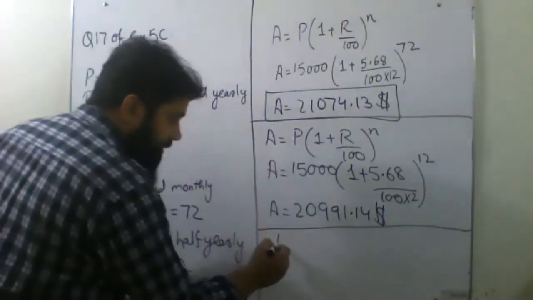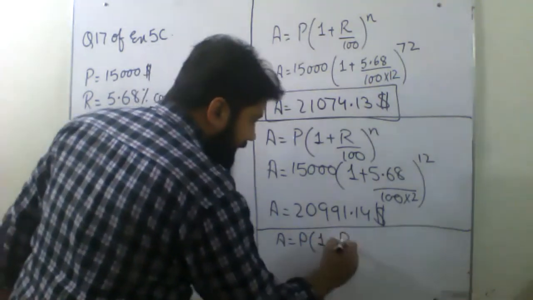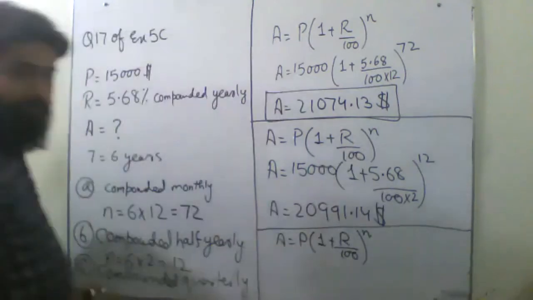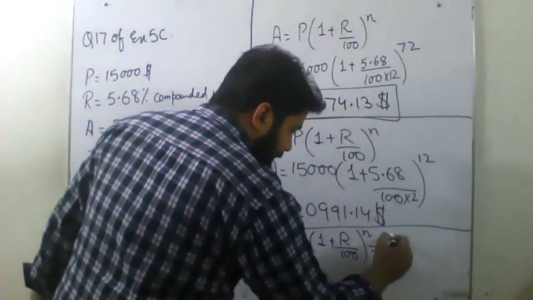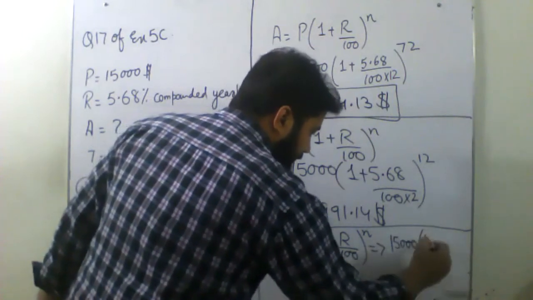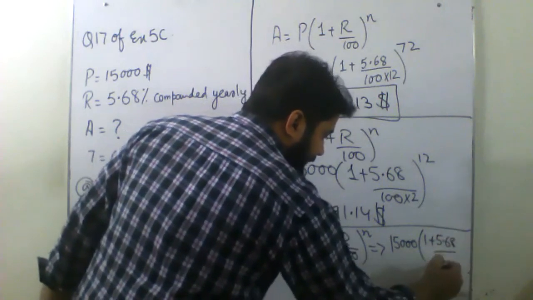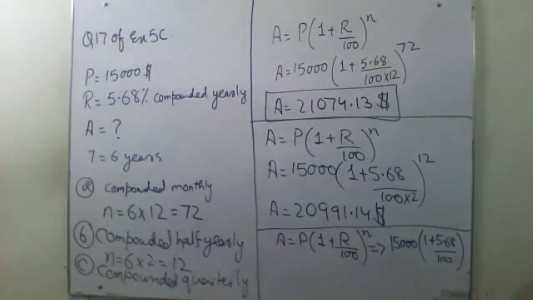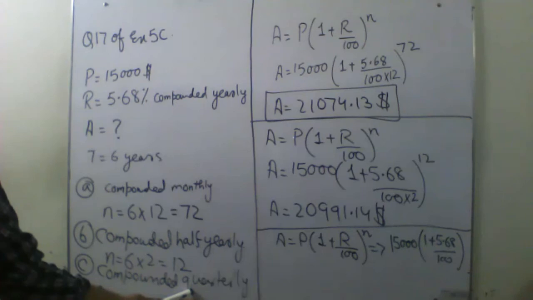The formula will remain the same. A equals P (1 plus R over 100) whole power n. Applying my values, P is 15,000. 1 plus R, which is 5.68 divided by 100. Now, the main thing, they are giving us quarterly.